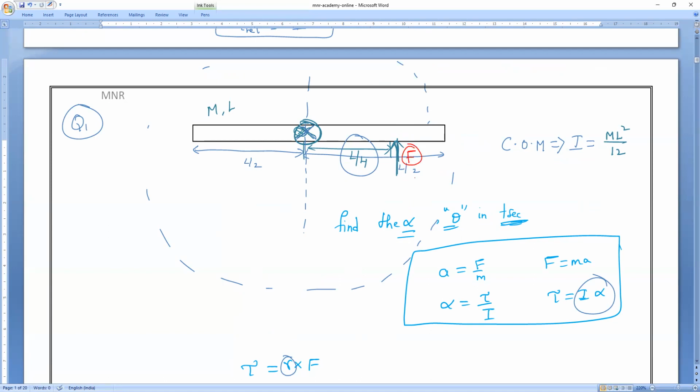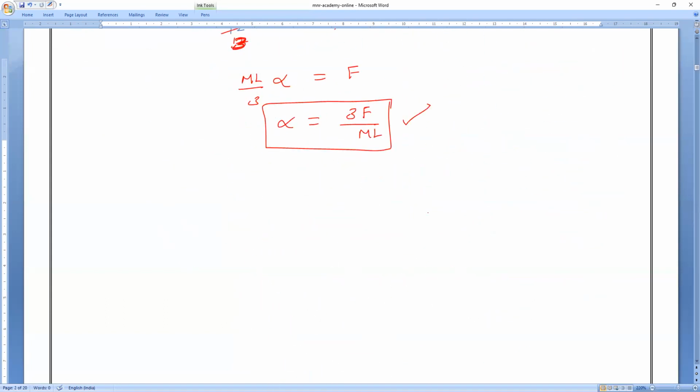Force is constant means angular acceleration remains constant. So when the acceleration remains constant, immediately you have to use some equations. What is that? Equations of motion.